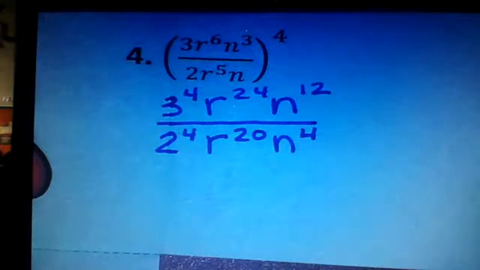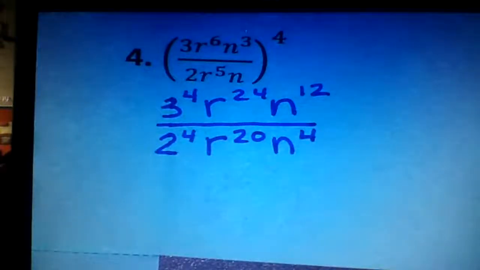So what's 3 to the 4th power? 12. It is not 12. You know that. Wait, it's 81. 81.